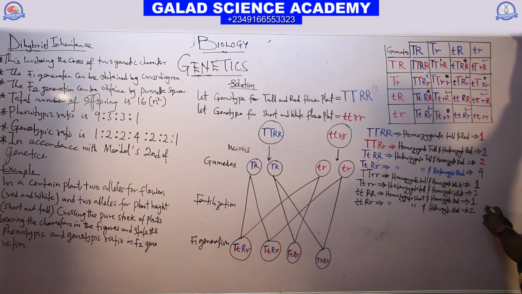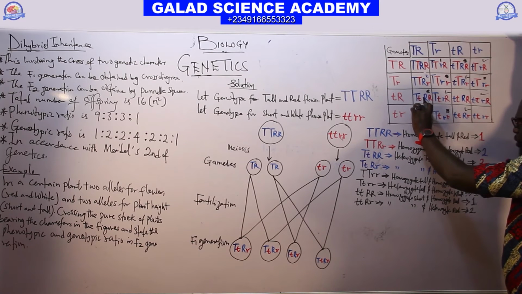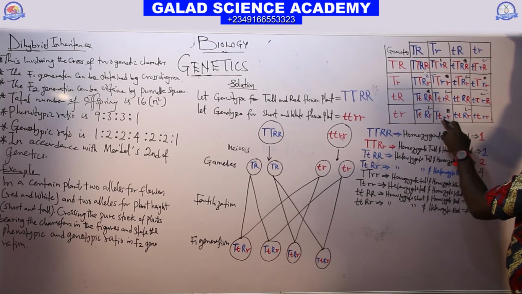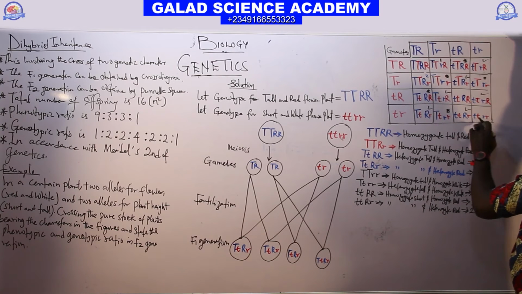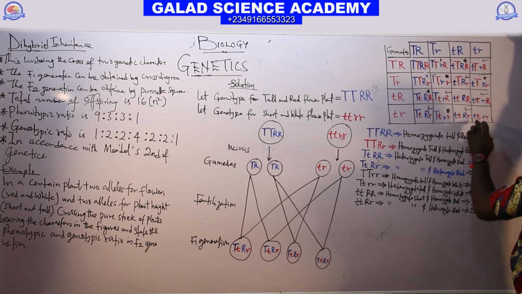What is the next one? Look at this. Homo tall, heterozygote red. You have done it. This out of homo short, heterozygote short.